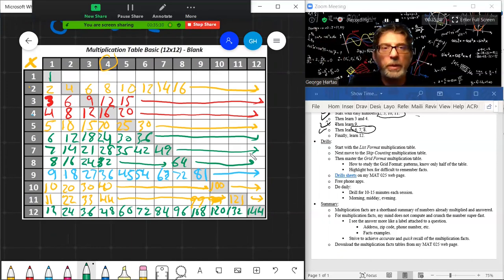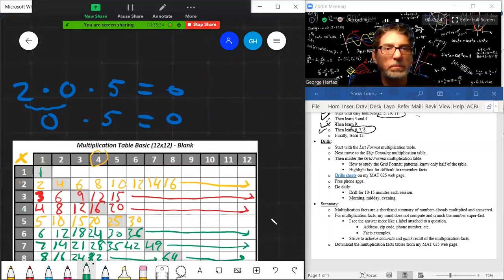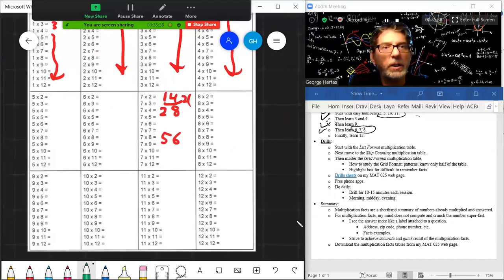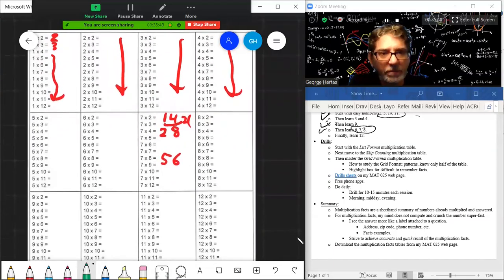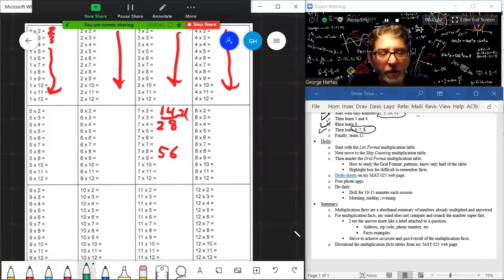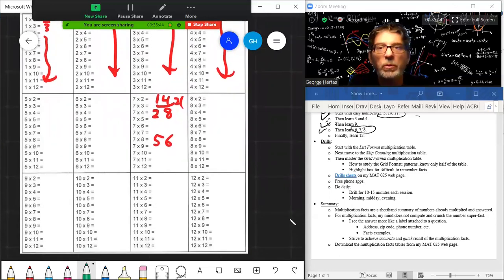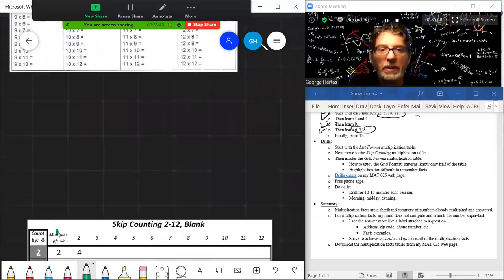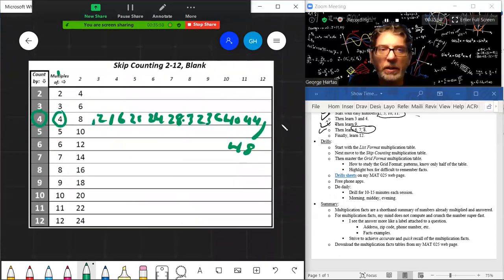Start with the list format, which is this thing here. Start with the list format. You know, nail that, really understand it. And then move on to the skip counting method.